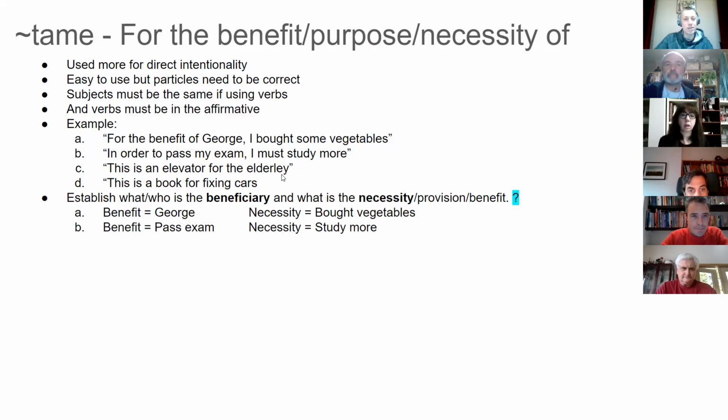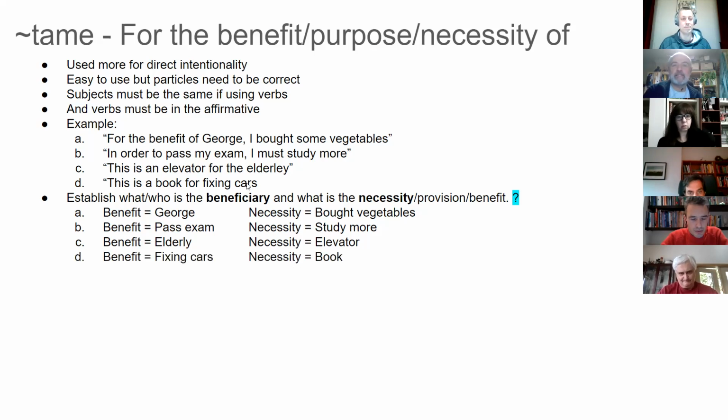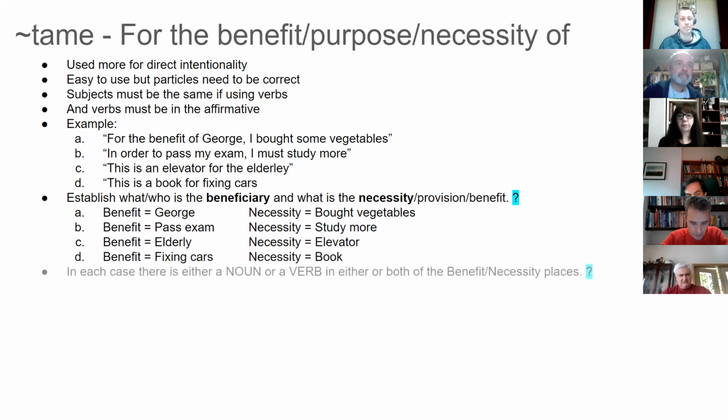I would say that the necessity is the elevator and the beneficiary is the elderly. Excellent. And Martin, for the fourth one. The beneficiary is the fixing of the cars, and the necessity is having the book. Exactly, good. That's not too tricky then, is it?